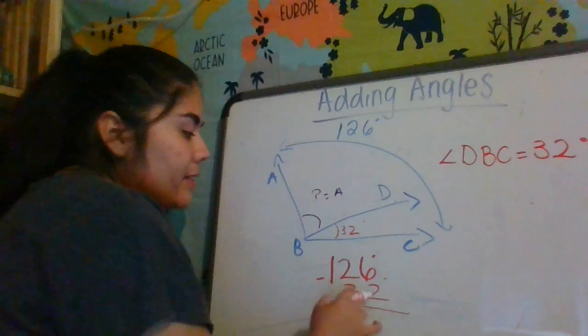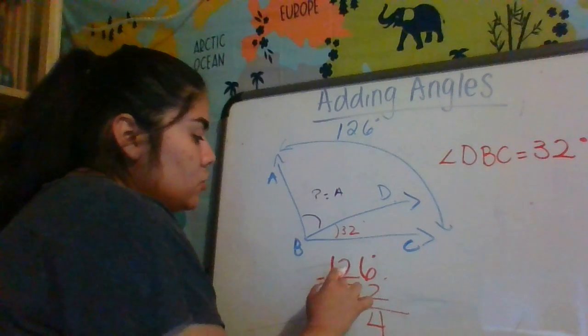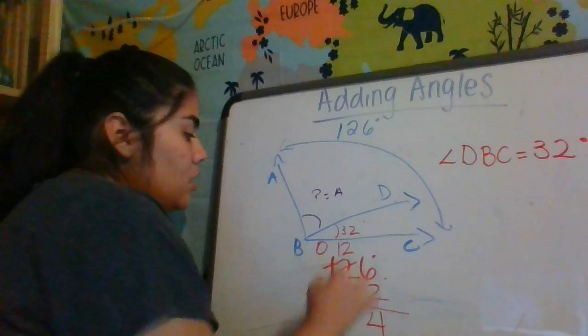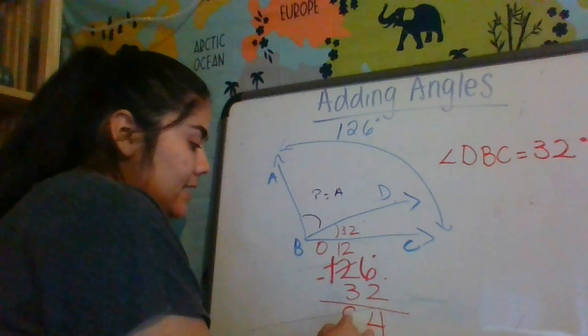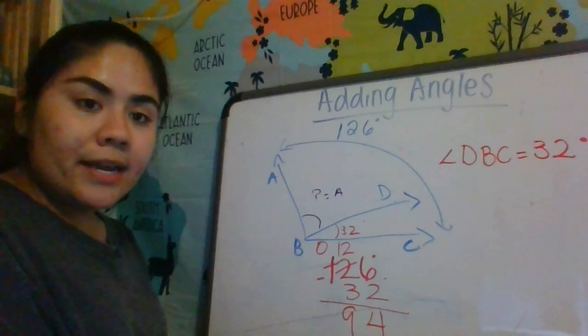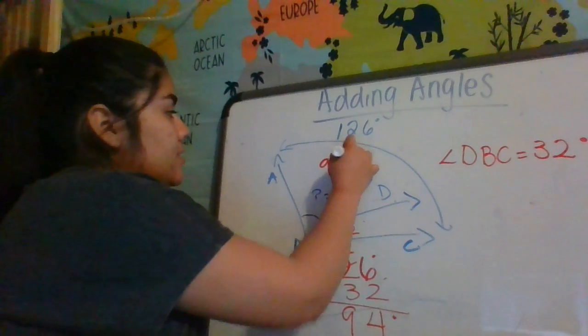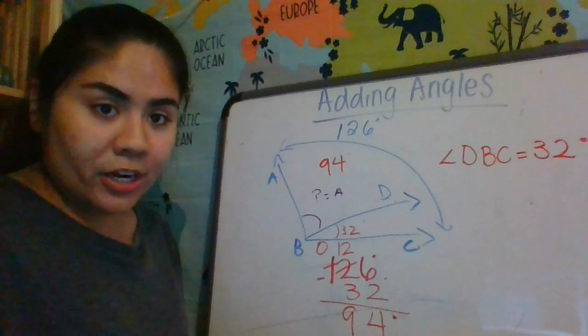So 6 minus 2 is 4. 2 minus 3, we can't do that, so we have to regroup. 12 minus 3 is 9. So the missing angle is 94 degrees. Now, what's a way we can check our work?